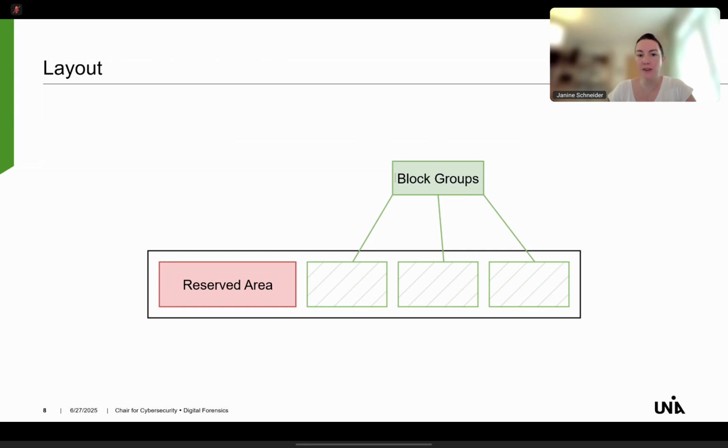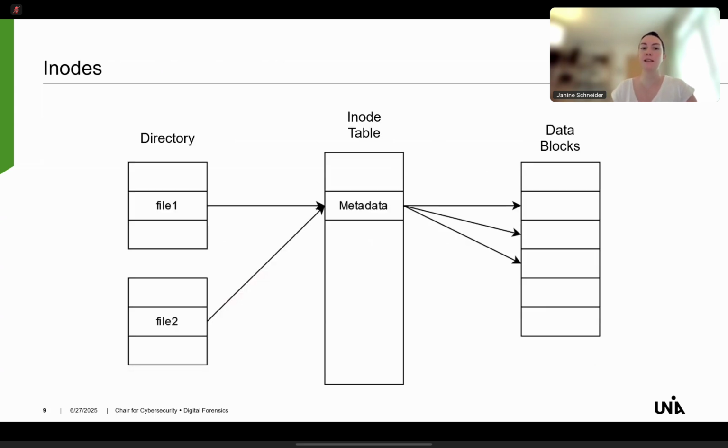The other thing that is important in ext3, or in ext in general, are inodes. Now that you already heard about FAT and NTFS, the inode is basically comparable with an MFT entry, for example. In FAT there's not really something comparable, but maybe the FAT entries could be compared to inodes.